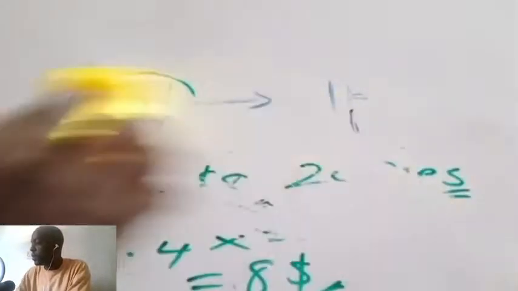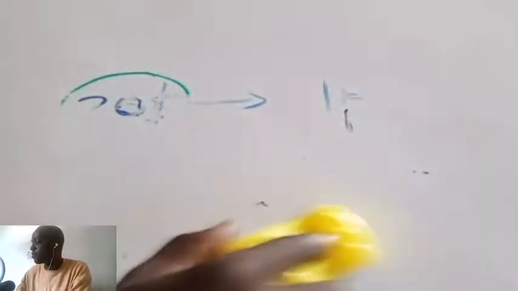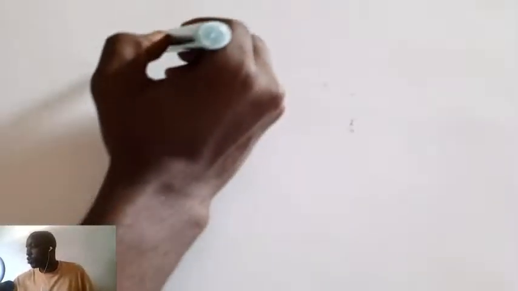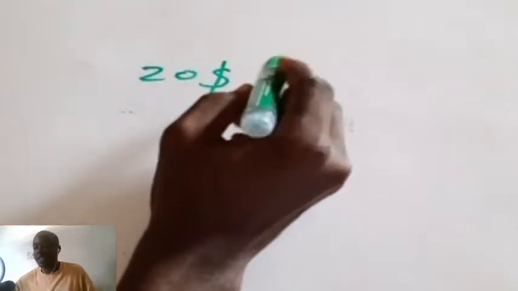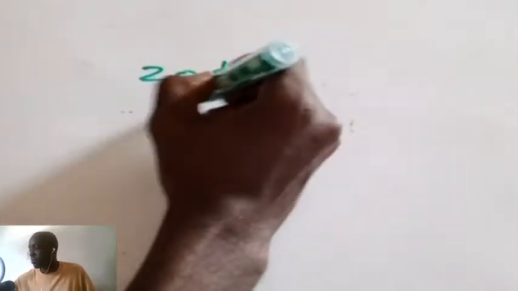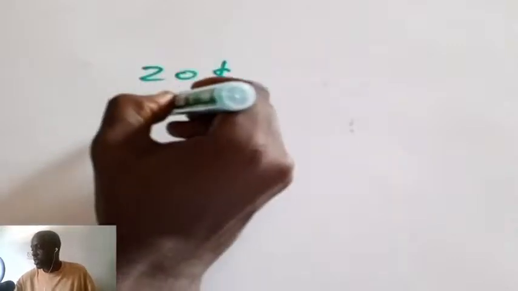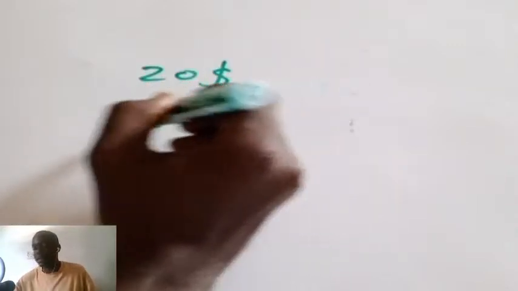So let's move on now. Since we have $20 capital, I want to risk $8 out of our $20.